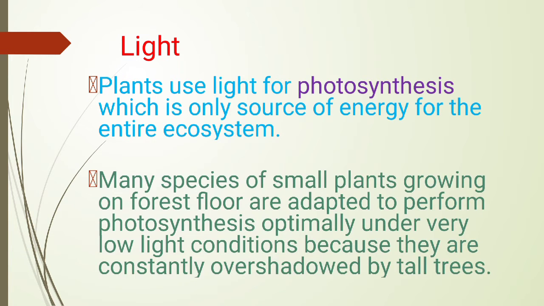Many species of small plants growing on the forest floor are adapted to perform photosynthesis optimally under very low light conditions, because they are constantly overshadowed by tall trees. Many species of small plants means, as we know, that there are three different types of plants. For example, small plants are called herbs.